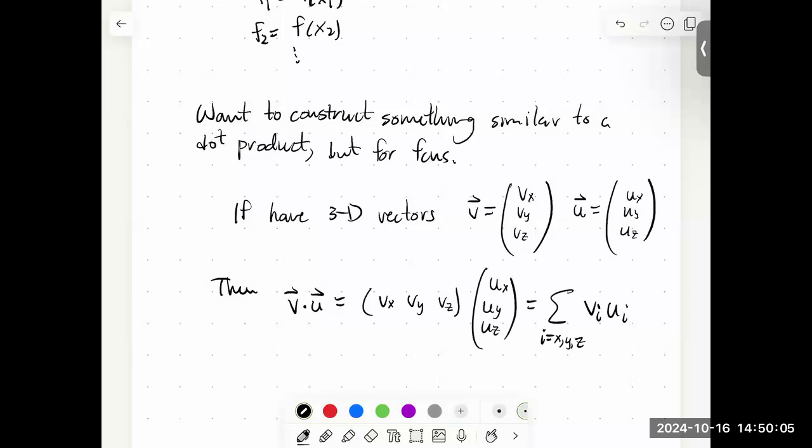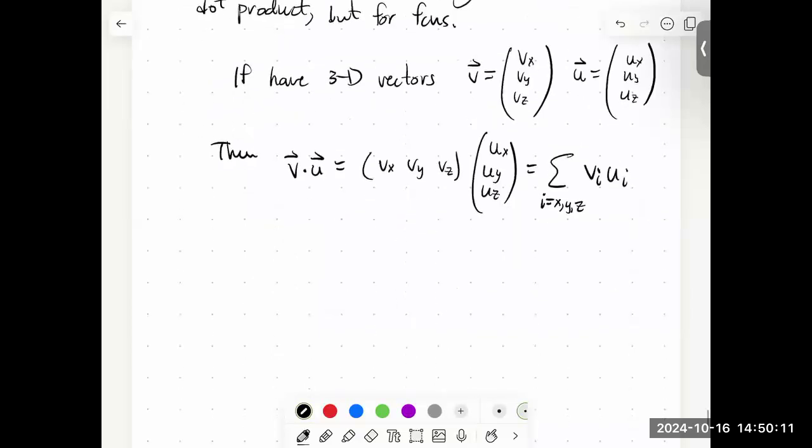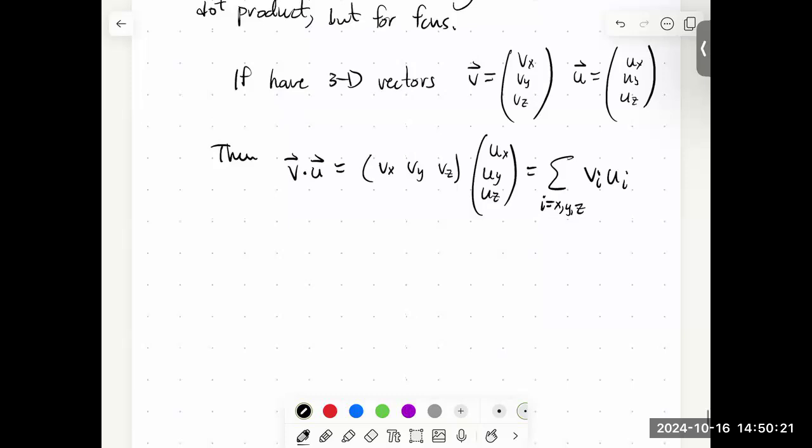There's nothing stopping me from doing that for our discretized function vectors. Have you seen inner products somewhere? So we're doing inner products, but I want to be pretty strict about our analogy with normal vectors.